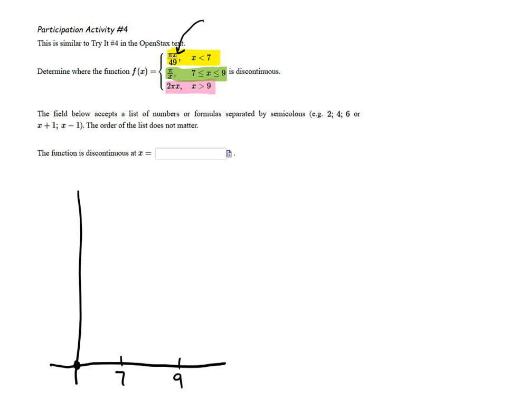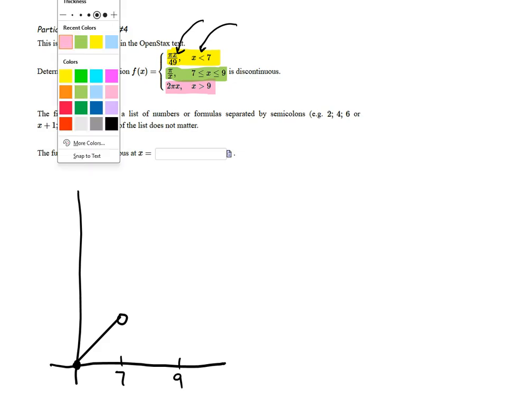So this is going to start at 0, and I know it's going to go through the origin. I don't know where it's going to come up to, but it's going to be linear. And when you get up to the 7, there will be an open circle there because it's not equal to. It just says less than 7, not equal to.